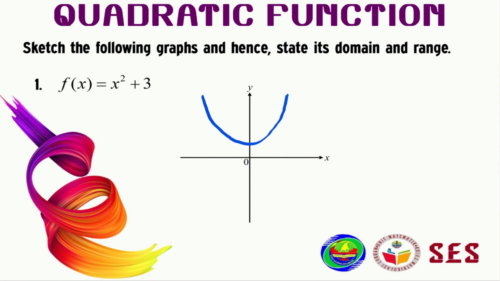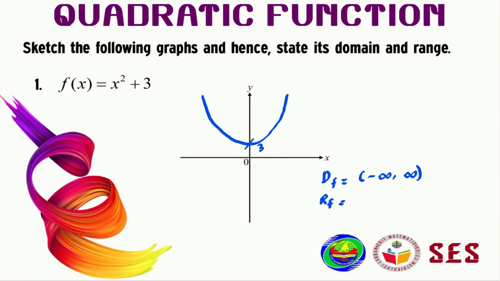We will label 3 here, and therefore we can obtain the domain. In this case, the domain of f is the interval of x which defines the graph, which is negative infinity up to positive infinity, and the range of f is the interval of y. For a quadratic function, we need to look for the minimum or maximum point.